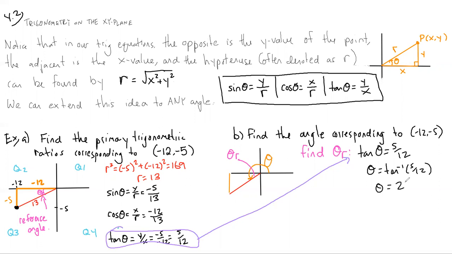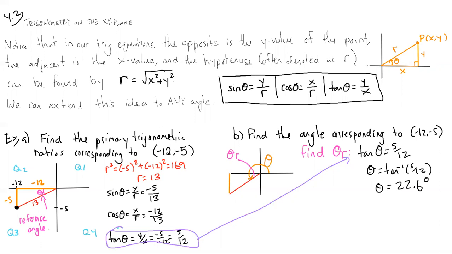So I'll get theta is about 22.6 degrees. Now I want to be careful here. This is clearly not correct. This equation that I set up was for tan theta. I'm trying to solve for theta r, the reference angle.